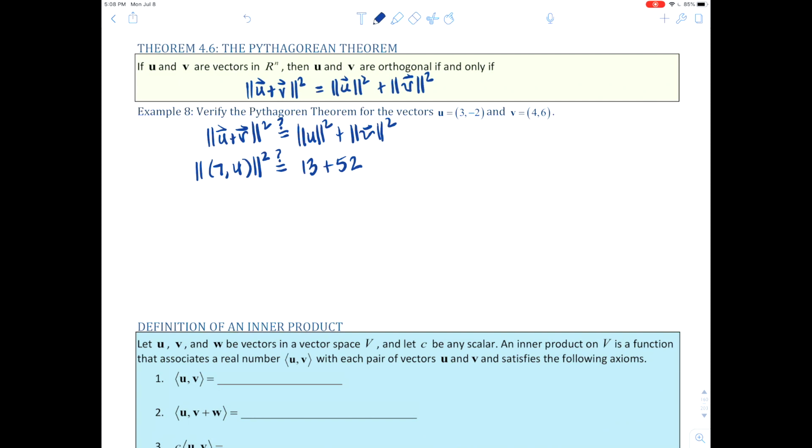Alrighty, so this is equivalent to 74. Is that equal to 65? So here, what would we get? 49 plus 16. Is that equal to 65? Yes, 65 equals 65. We've verified it.